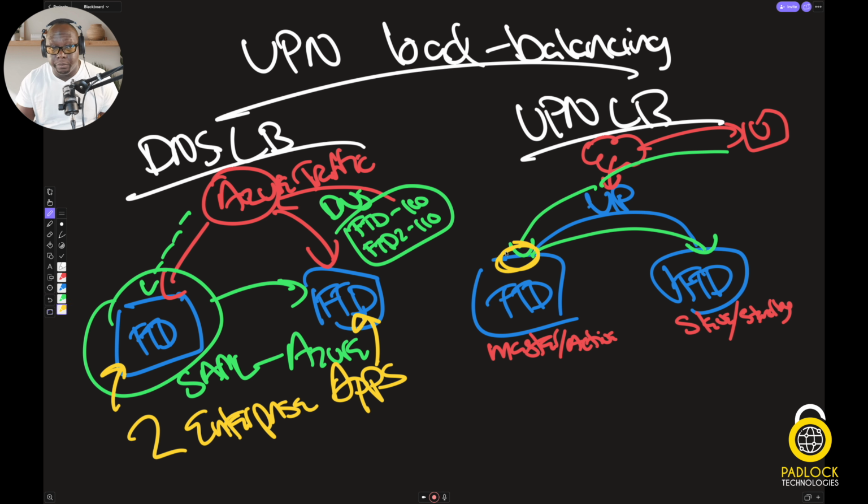But if it is overloaded, it will kick it over to the second FTD, and then that's somewhat transparent to the user. You do have to do this thing called redirect FQDN, because if you don't do that, you end up getting the IP address, and you're going to get a certificate error when you do that.